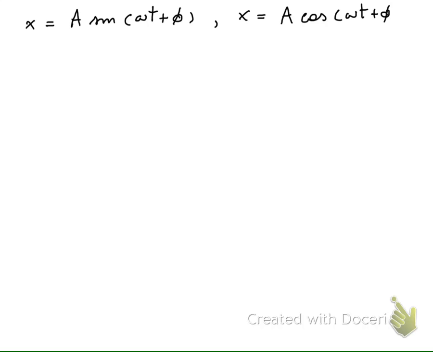We can show that x can be expressed as x equals A sine of omega t plus phi, or x equals A cos of omega t plus phi.